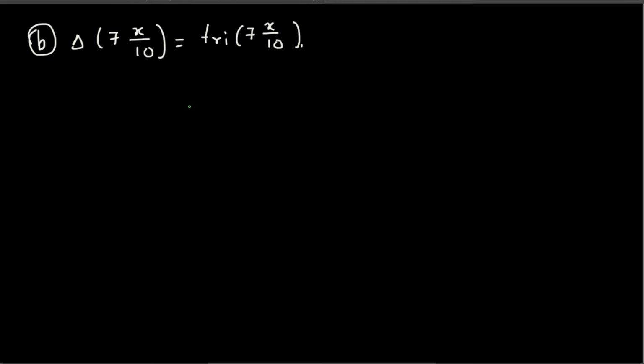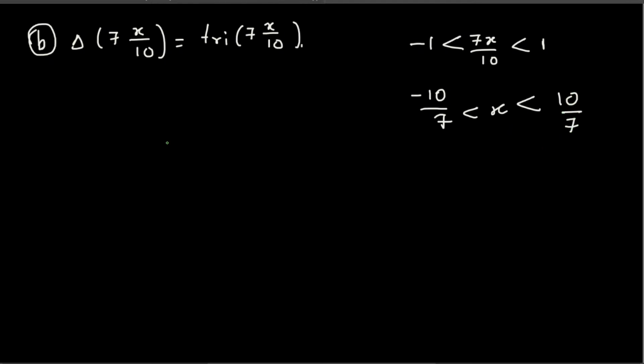Here also we have to find the interval. For the triangular function, we take the interval from -1 to 1. So the function is 7x over 10. To find the x interval, treat it like an equation: if -1 equals 7x over 10, then x is minus 10 over 7, and the same goes on the other side, 10 over 7. So this is going to be our interval.